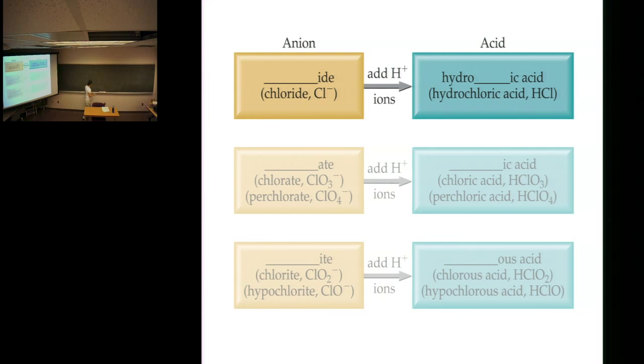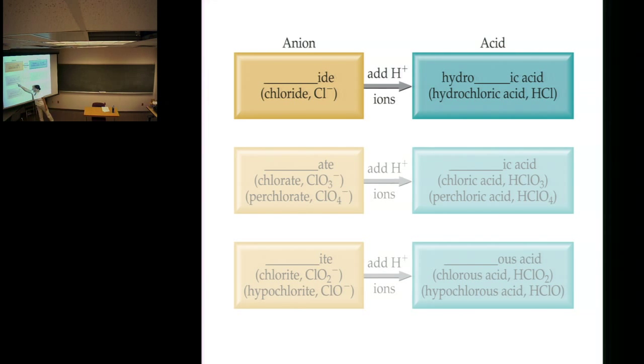So if this is chlorate, then it becomes chloric acid. Did we put hydro with it? No, because didn't we just call this one hydrochloric acid? You can't call this one hydrochloric acid again. So one of them has the hydro prefix and the other one does not. Okay, so we need to make sure we remember which is which. That's hydrochloric acid, and this one becomes chloric acid. And if that's perchlorate, then this is perchloric acid.